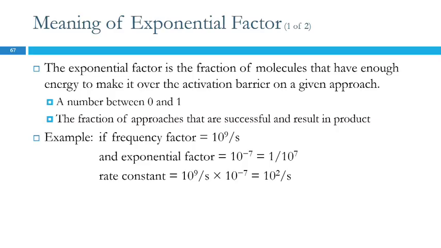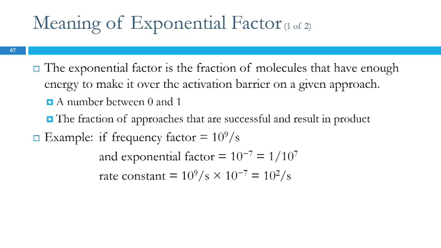So the frequency factor was the A in the first part, and then the exponential factor represents the fraction of molecules that have enough energy to get over the activation barrier. So we've got that carbon-nitrogen group wagging, right? The number of times per second it wags is the frequency factor.